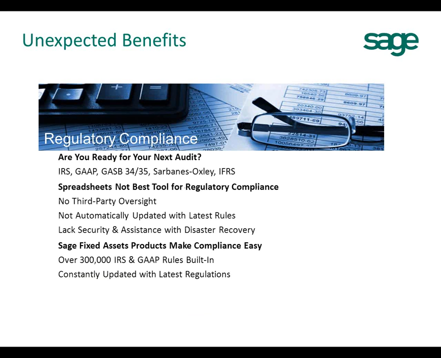Spreadsheets that are currently being used don't provide you that third-party oversight. You're not going to be receiving automatic updates with the latest rules, and there is a lack of security and assistance when it comes to disaster recovery. When you look at our product with the 300,000 tax rules that we provide, it's also constantly being updated with the latest rules and regulations as well.